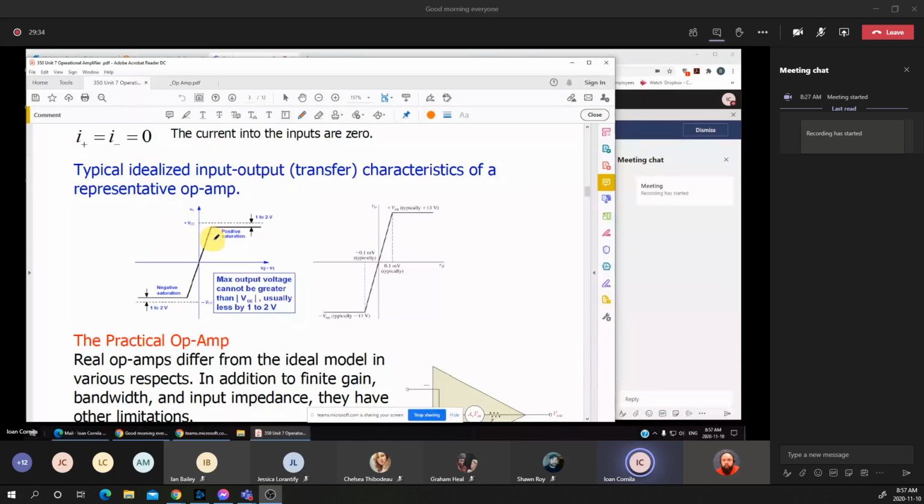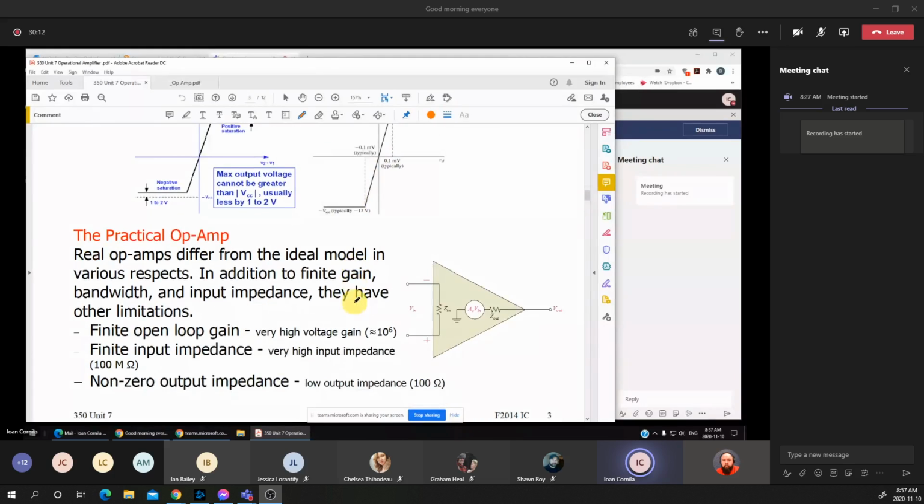That's why the maximum output voltage is actually the supplied voltage less by 1 or 2 volts. I'll make an example on the right side. Suppose that the typical voltage for a 741 is 15 volts. The output voltage will be closer to, or around, plus 13 volts and minus 13 volts.